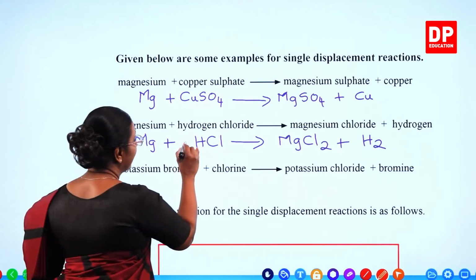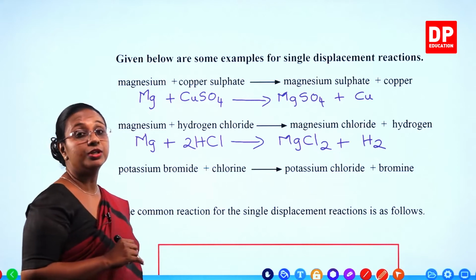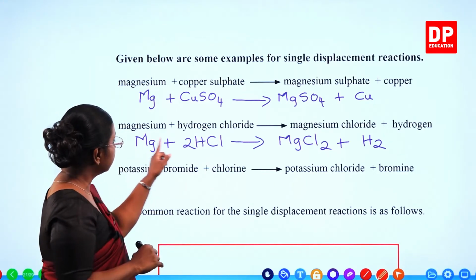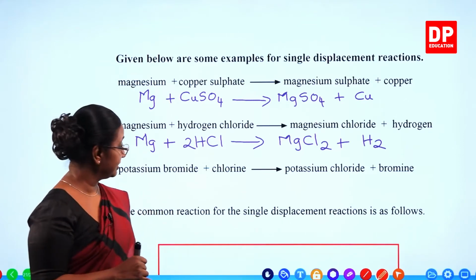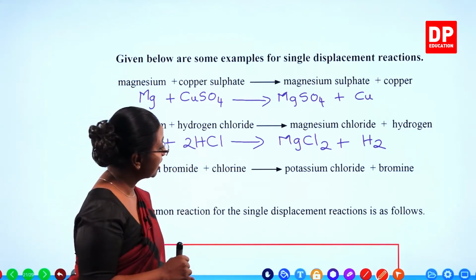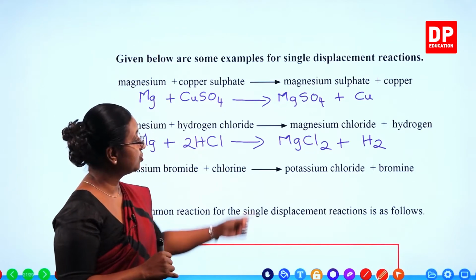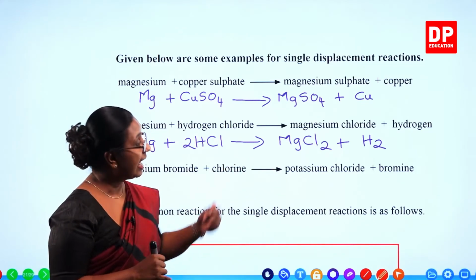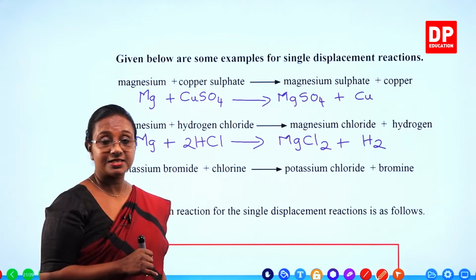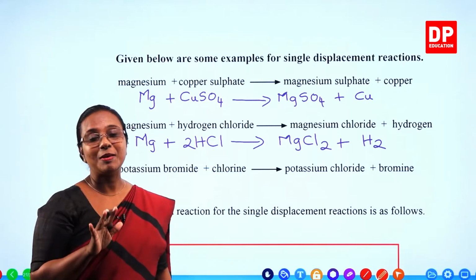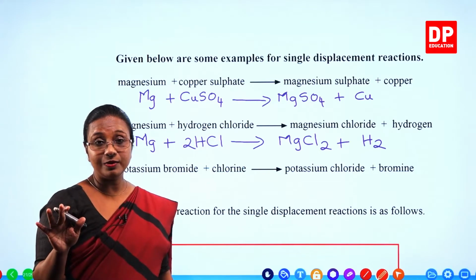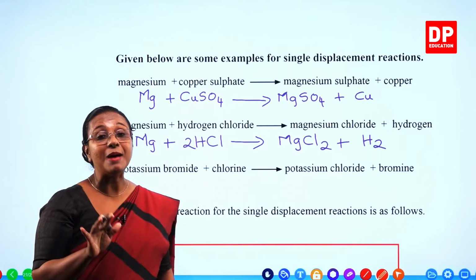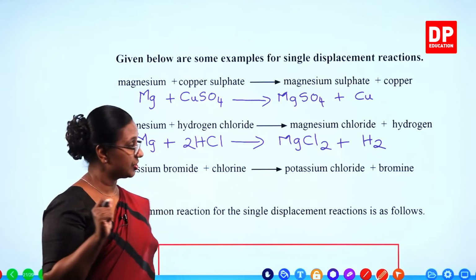So in order to balance it, we need to put a 2 there. Magnesium, hydrogen chloride, that is HCl in the gaseous state. Mg plus 2HCl gives rise to MgCl2, that is magnesium chloride, and H2 hydrogen gas. Here, students, you all have to remember all these examples. You should know to write the chemical equation, and that also has to be balanced chemical equations.